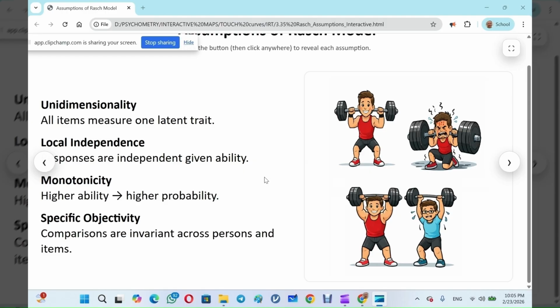It's a different thing from the abilities of the person. They are not the same. Person's ability, the item's difficulty, and the probability of answering questions are all three different entities, and they shouldn't be confused by each other.